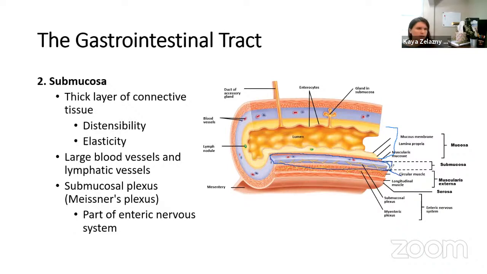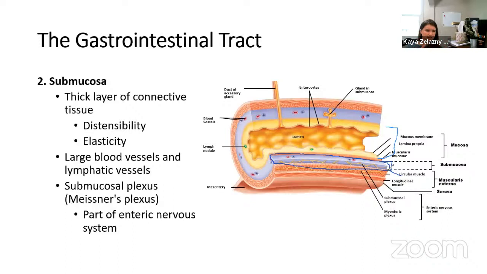But the role of the submucosa, rather than lymph function, is really to aid in the physical structure of the gut. It's really important that as you eat food, pieces of your GI tract can expand as you send a bolus of food through. A bolus is a scientific term for a big lump. So as food goes through, you want the GI tract to be able to compensate for that. You want it to be able to stretch out.